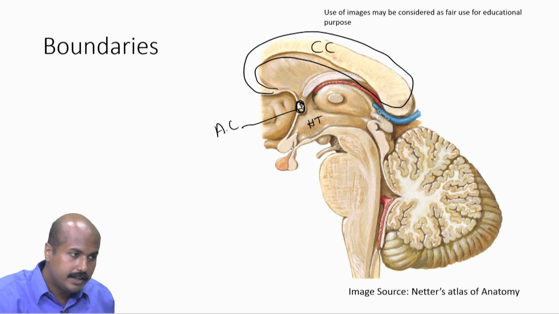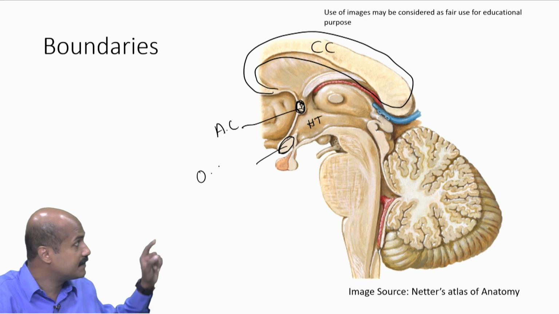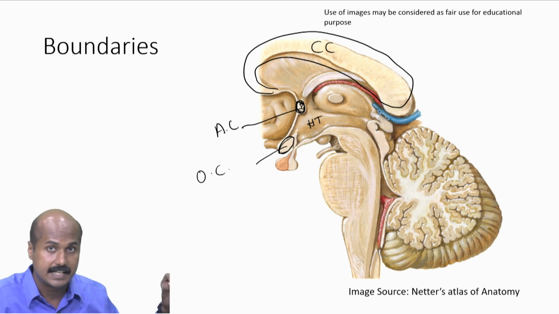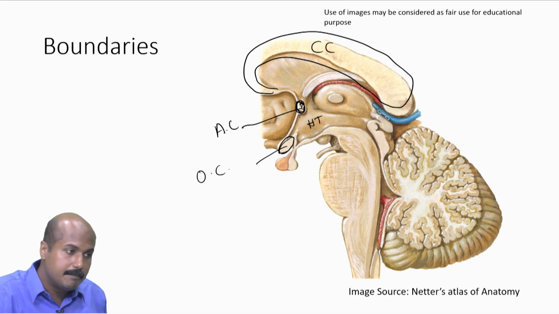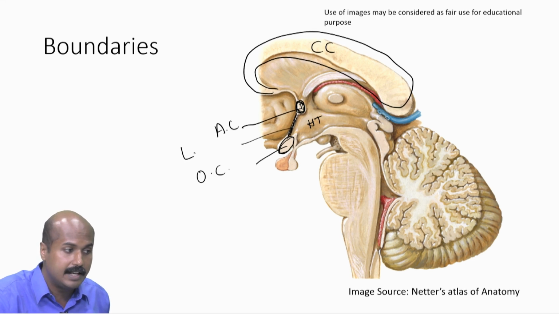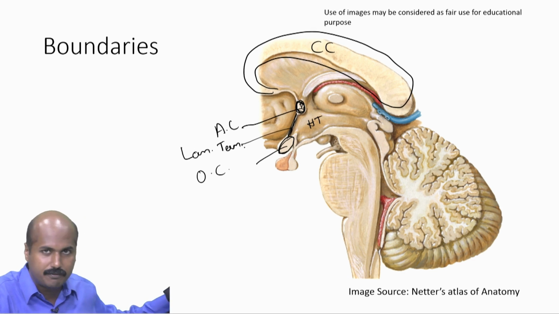Now below here, what you are seeing is the optic chiasma. Between the anterior commissure and the optic chiasma, you can see this structure called the lamina terminalis. I am writing it in a short form.